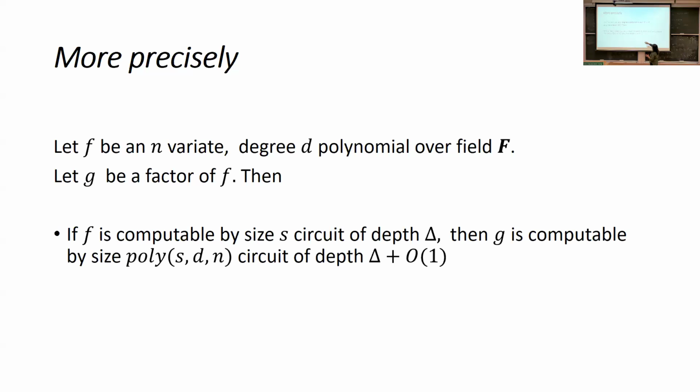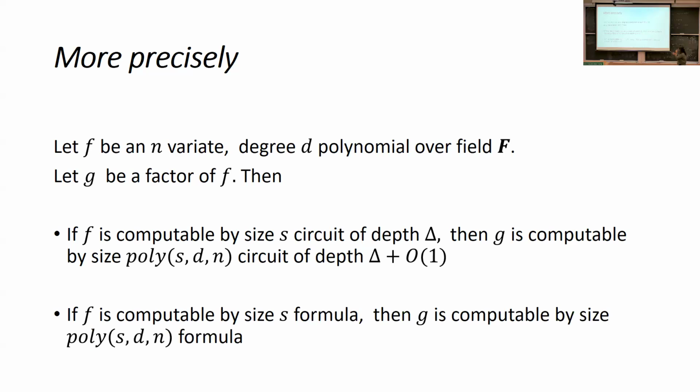If your polynomial f was computable by a small arithmetic circuit of depth delta, then the factors of f are also computable by small arithmetic circuits, but the depth can be slightly larger. So if f was constant depth, then g is also constant depth. And this implies Kaltofen's result.